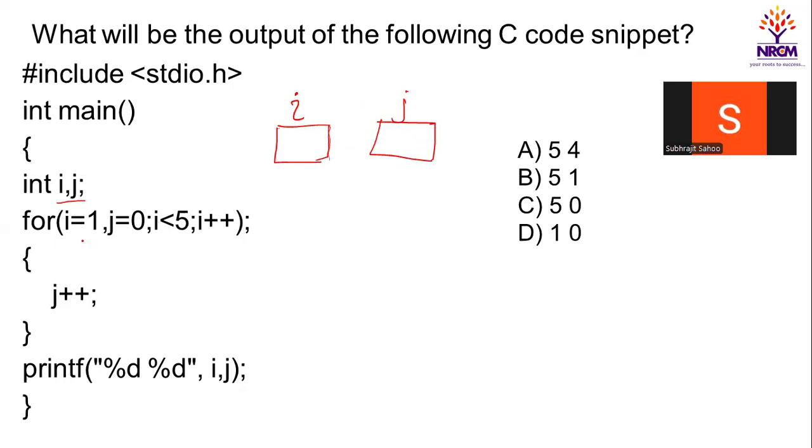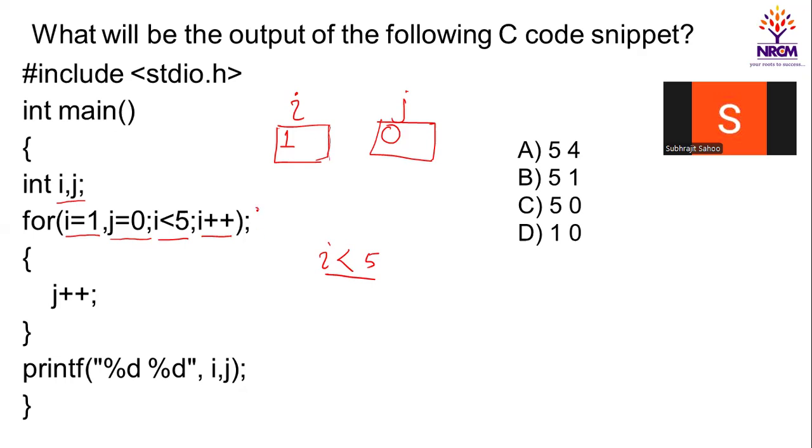Slowly observe. Initialization is also done: i is equal to 1, j is equal to 0. So store i as 1, j is 0. Next, the condition is what? i less than 5 is the condition. Updation is i plus plus.